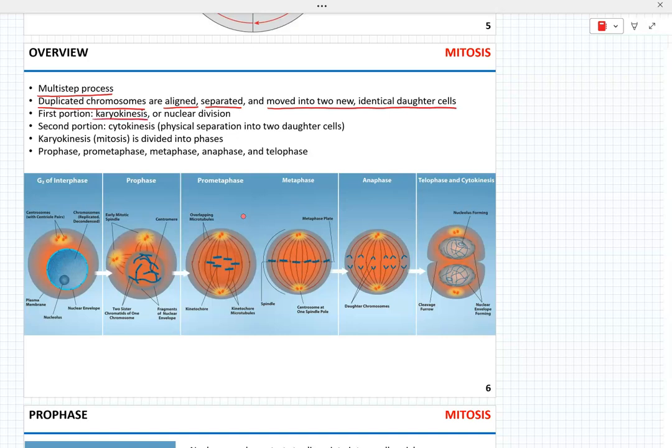The second portion is cytokinesis, which implies physical separation of these nuclei and formation of two daughter cells. Karyokinesis, or mitosis, is divided into prophase, prometaphase, metaphase, anaphase, and telophase.